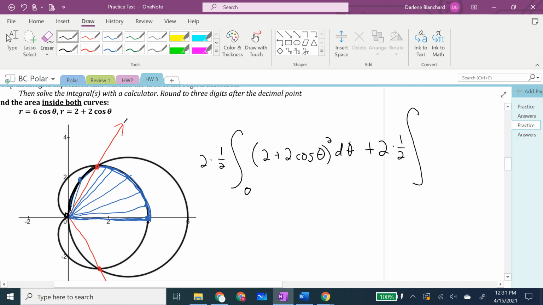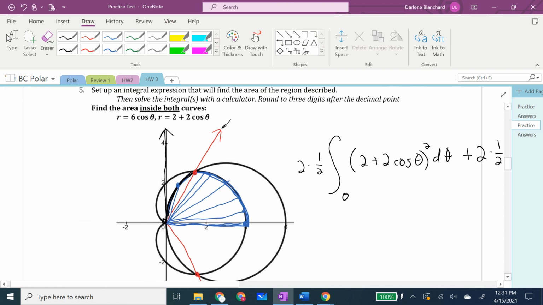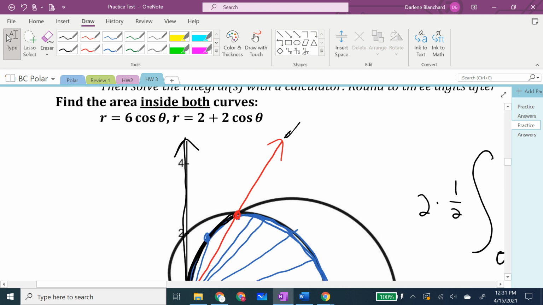If you don't know the angle of intersection or the angle of getting sucked into the pole, those are found by this: the circle needs to be sucked into the pole. That's going to happen when r is 0. That's going to happen when cosine is 0, pi over 2.